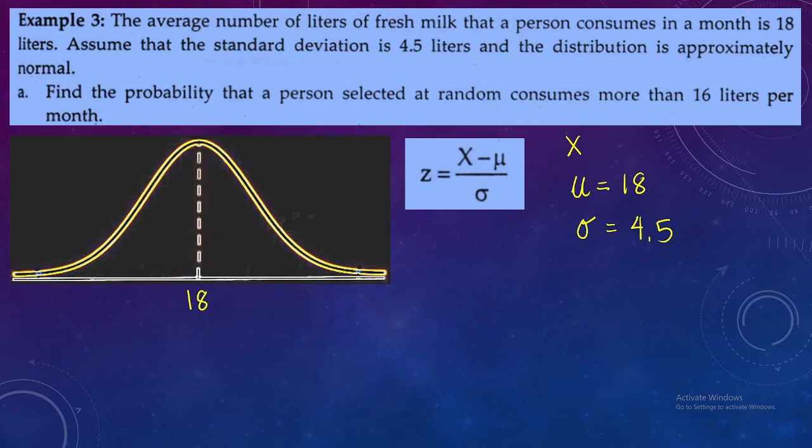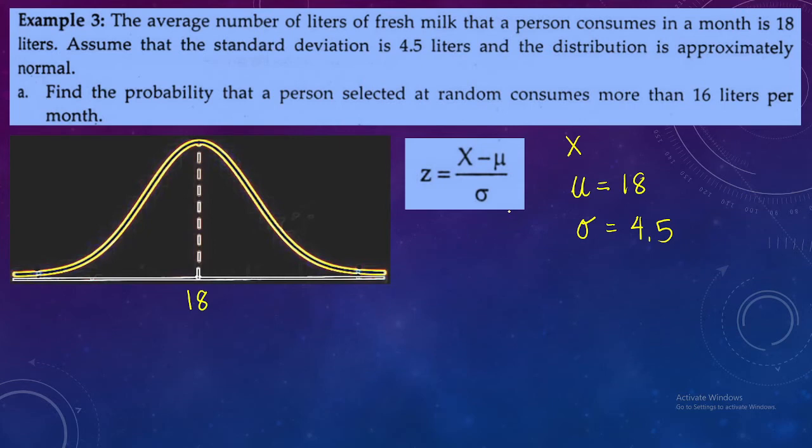Look at the problem. Is the word sample found in letter A? Is there a word sample in letter A? No, sir. Meaning, this is not a central limit theorem problem.